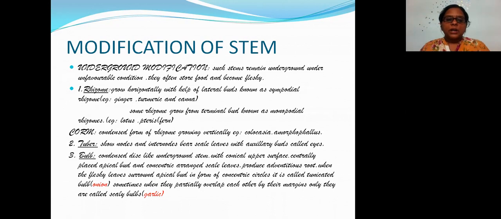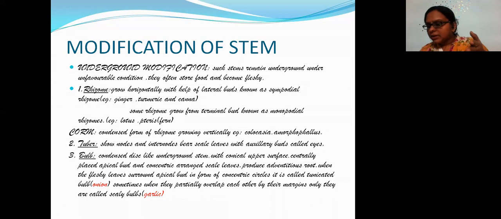Okay. Next comes corm. I don't know whether it is there or not in your syllabus, but it's there for the NEET. Okay. Rhizome, if you just make it condensed form. Okay, condensed. You cannot see the ginger and all. You can segregate them, right?